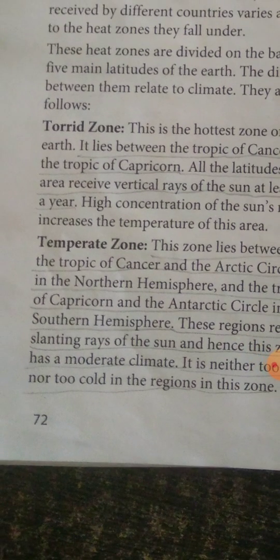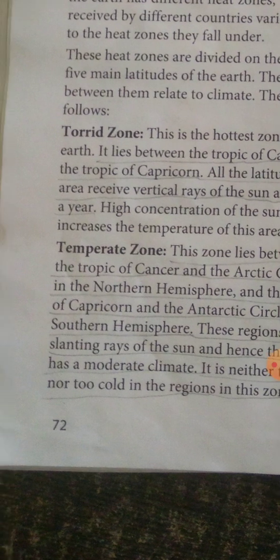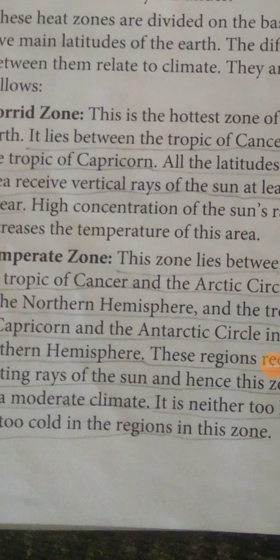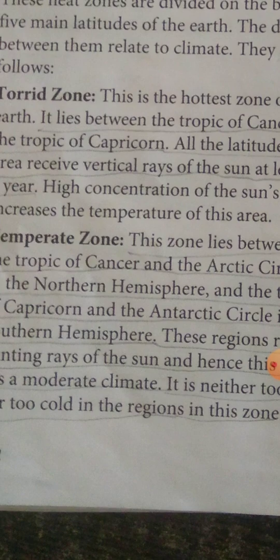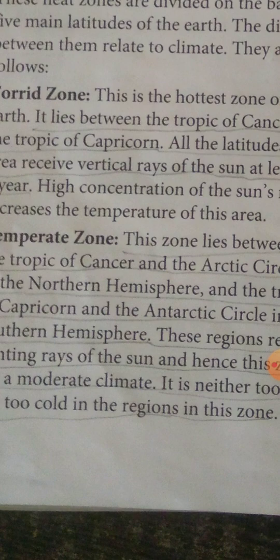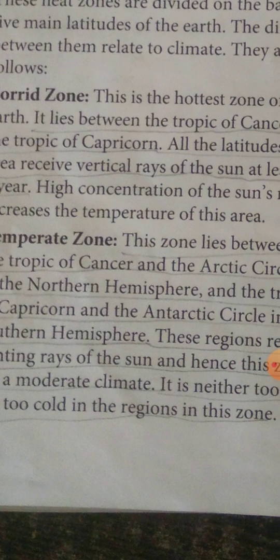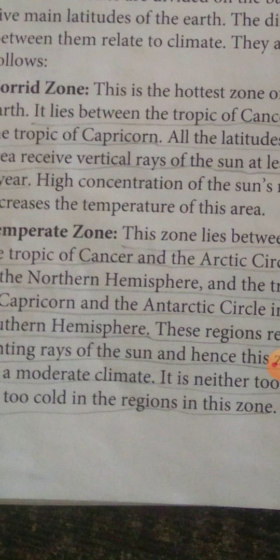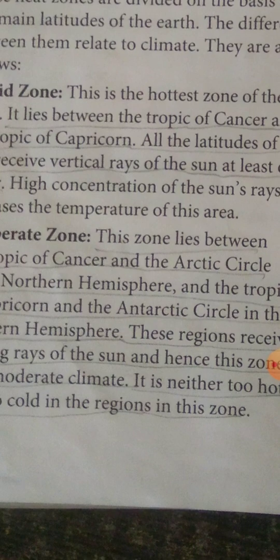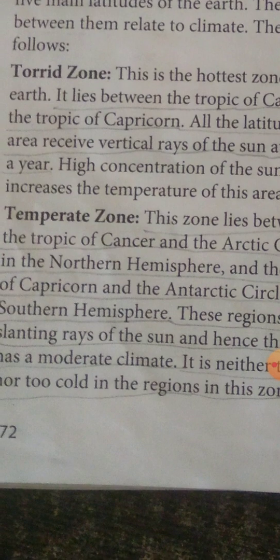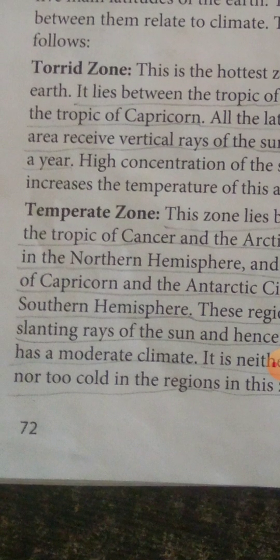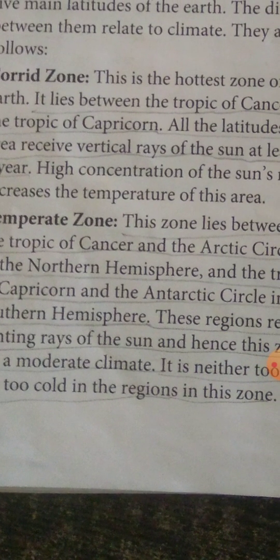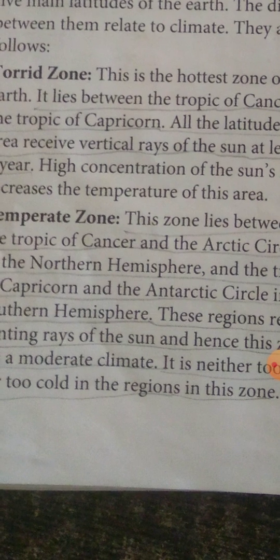Temperate zone, समशीतोष्ण क्षेत्र. Temperate, तापमान. Okay, the regions lying between the Tropic of Cancer and the Arctic Circle in the northern hemisphere and between the Tropic of Capricorn and the Antarctic Circle in the southern hemisphere are known as the temperate zone. उत्तरी गोलार्ध में कर्क रेखा और आर्कटिक सर्कल के बीच और दक्षिणी गोलार्ध में मकर रेखा और अंटार्कटिक सर्कल के बीच के क्षेत्रों को शीतोष्ण क्षेत्र के रूप में जाना जाता है.